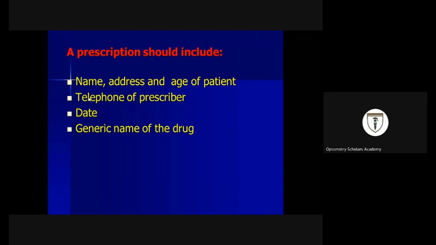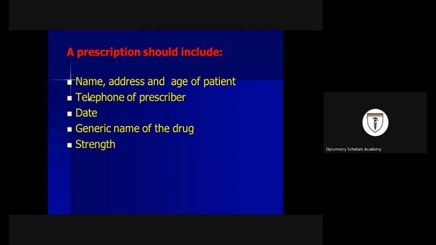Then you can put in brackets, if you want this patient to get that Ciprotab, and if you want to be specific, you put in bracket Ciprotab. This patient, please look for Ciprotab, unless you don't see Ciprotab, then you look for any ciprofloxacin. So it's very important to put generic names, because in case this patient cannot find that brand, the patient can look for any other brand that contains that drug of choice. So it's very important to prescribe with a generic name rather than a brand name.